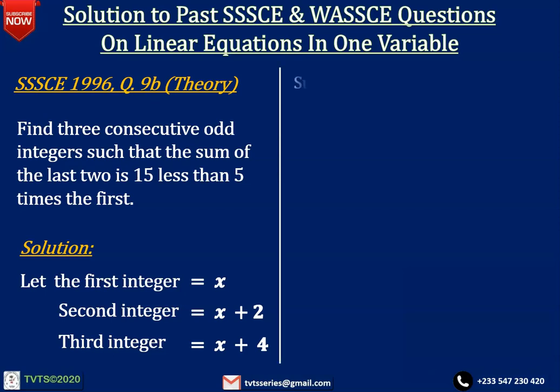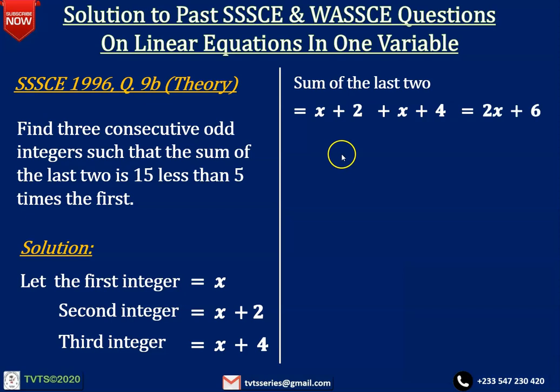Now, the sum of the last two is x plus 2 plus x plus 4, which is 2x plus 6. That is, x plus x is 2x, and 2 plus 4 is 6.